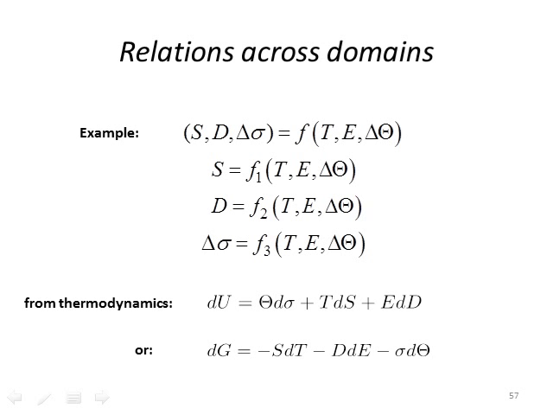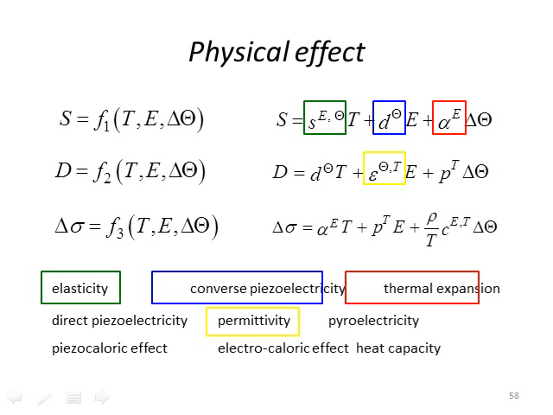And then we use from thermodynamics the extensive internal energy change, as we defined earlier, or the intensive change in internal energy, as derived before. So if we combine these two, we have S, D, and delta sigma equal to these three equations.